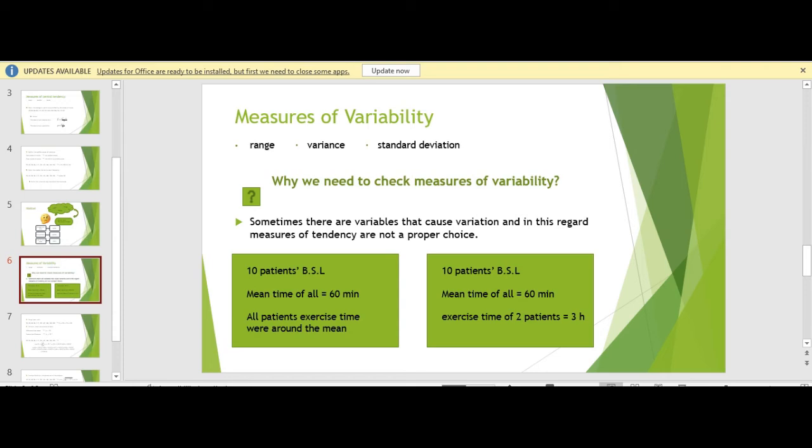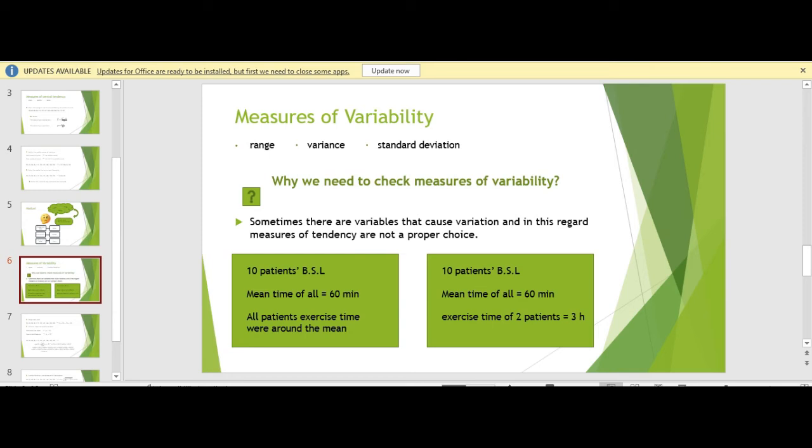But it would be another story if the mean time of exercise was 60 minutes, but we knew that 2 patients do exercise regularly around 3 hours every week.